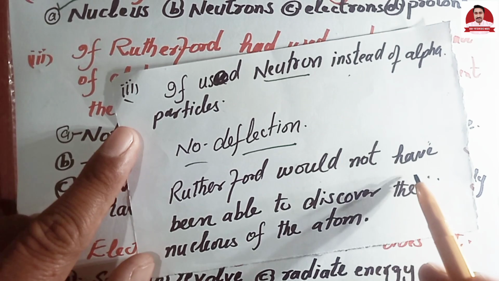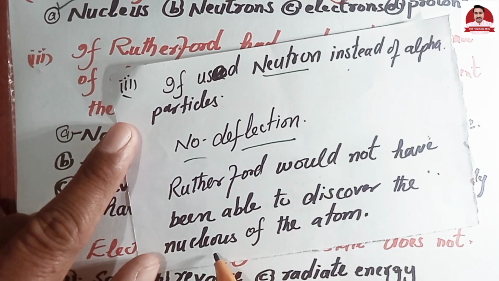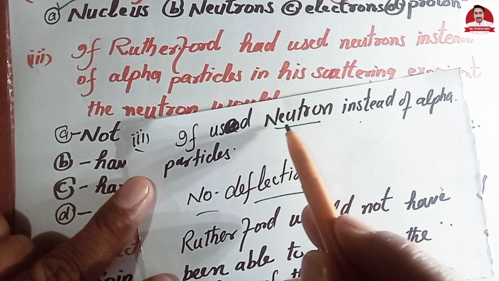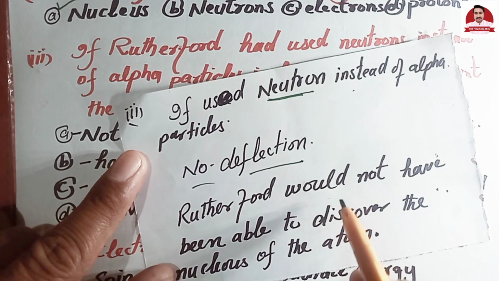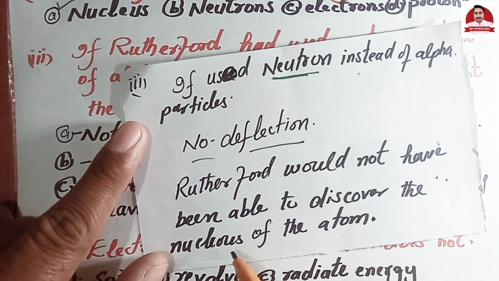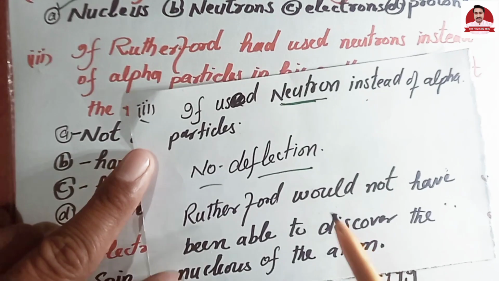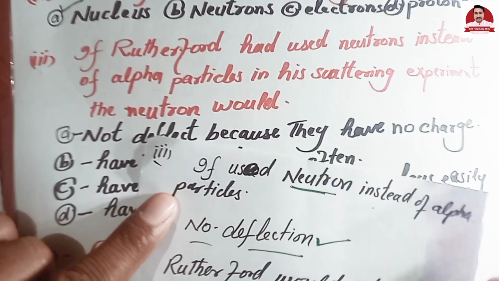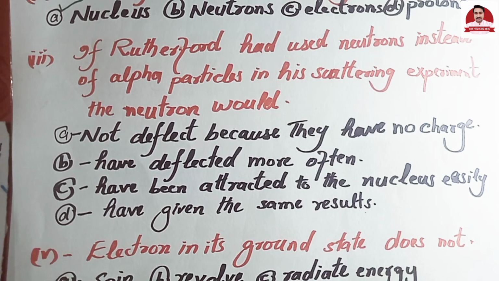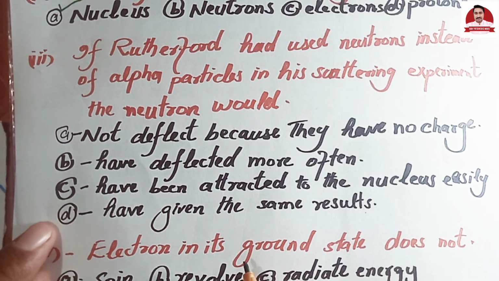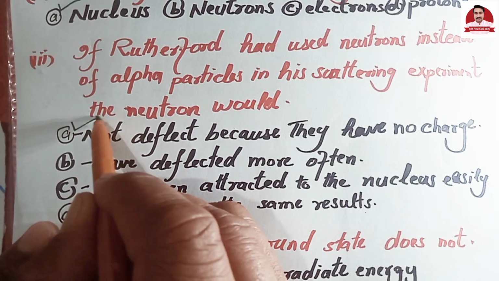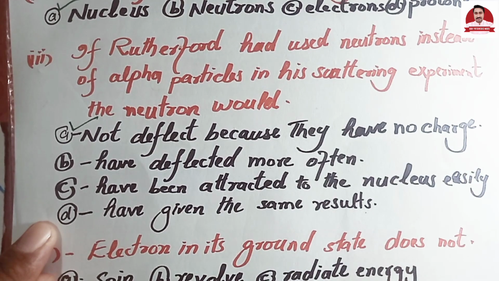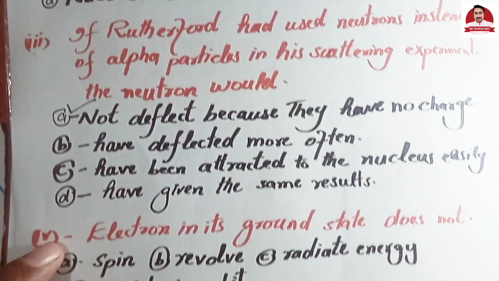Rutherford would not have been able to discover the nucleus of an atom. So if he used the neutron, there is no deflection. So here option A is correct: not deflect because they have no charge, because a neutron is a neutral particle.